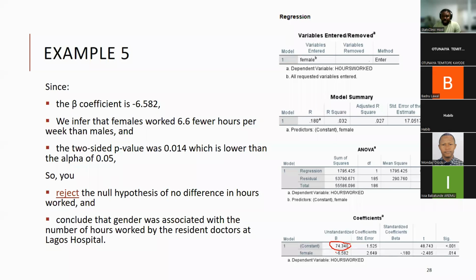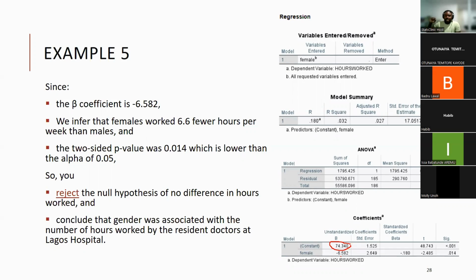Obviously, we're not looking at a situation where females are working minus 6 hours. What's really happening is that you add 74 plus minus 6.6, which gives you the average working hours in the female, which in this case comes to about 68.